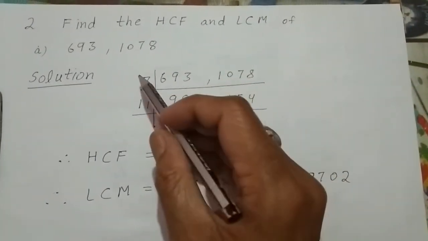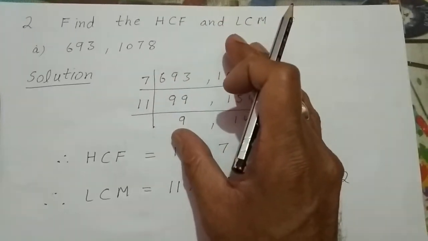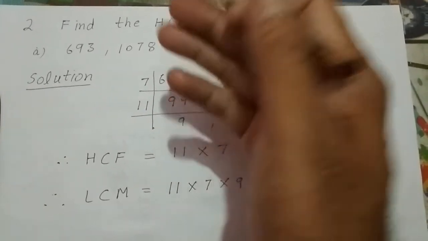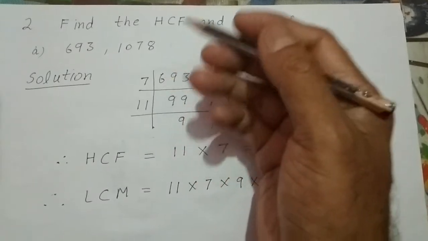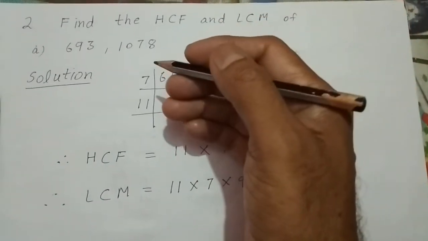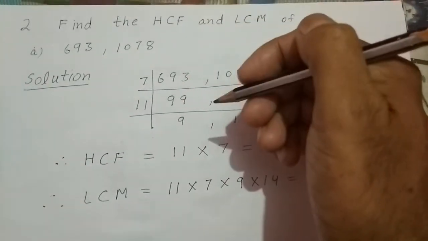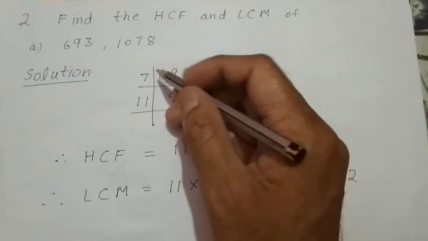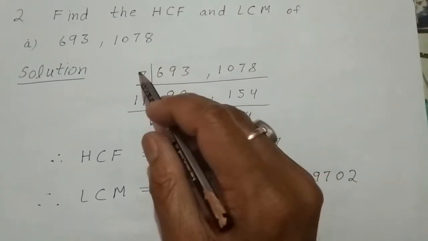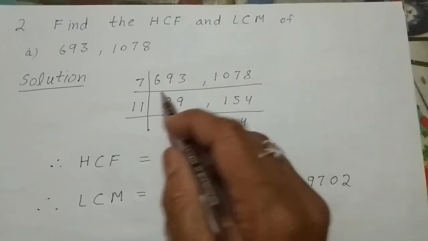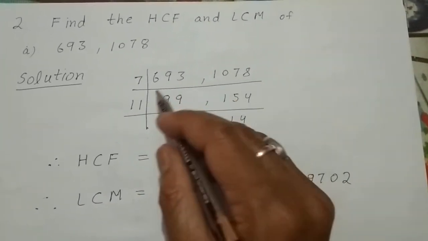What is HCF? Product of common prime factors. Product of common prime factors is HCF and product of all prime factors is LCM. So we will see which number divides both the given numbers.